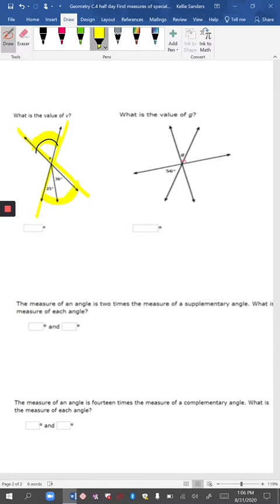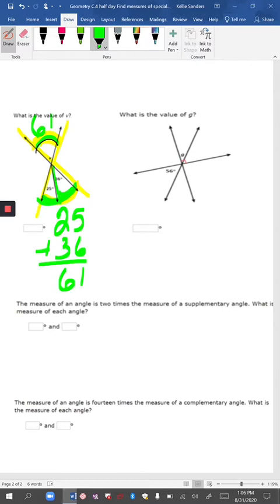So if we would be able to take this line out, then all the yellow would be the same. So if this is 25 and this is 36, then I know how much this is because I would add them. So this angle is 61. If this angle is 61, then this angle is 61 because of vertical angles. So 61 would be our answer.